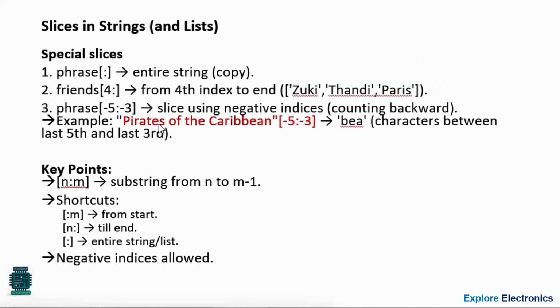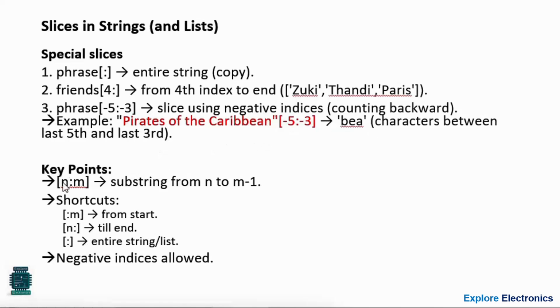For example, Pirates of the Caribbean, -5 to -3 means here I will get BEA, which means the characters between last fifth and last third. Last fifth and last third I have NAEBB. In this, these are all the last 5 elements. In that, the characters between last fifth and last third. Here BEA is the characters between fifth and third. That's why I'll get BEA.